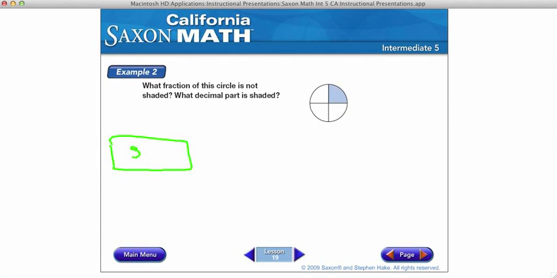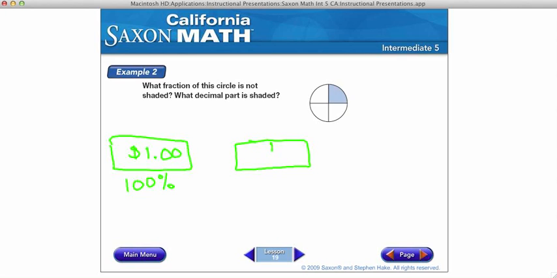And if we have $1, that's like saying you have 100 pennies. So money is a really easy way to think about percentages because there are 100 pennies in a dollar and 100% in a whole. So if you have a whole dollar, you have 100%.